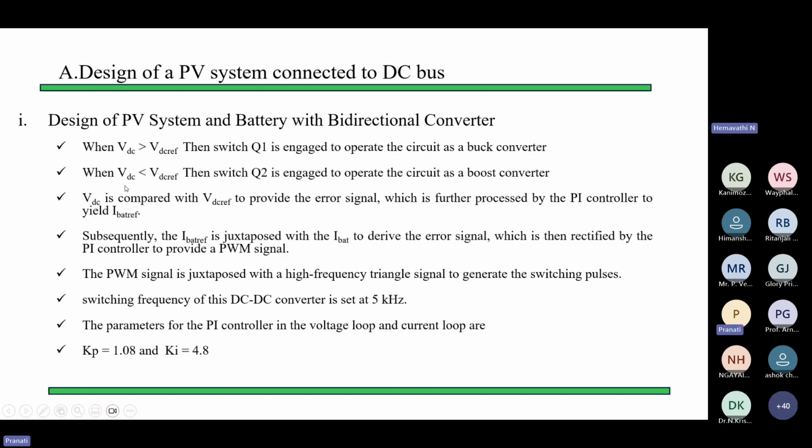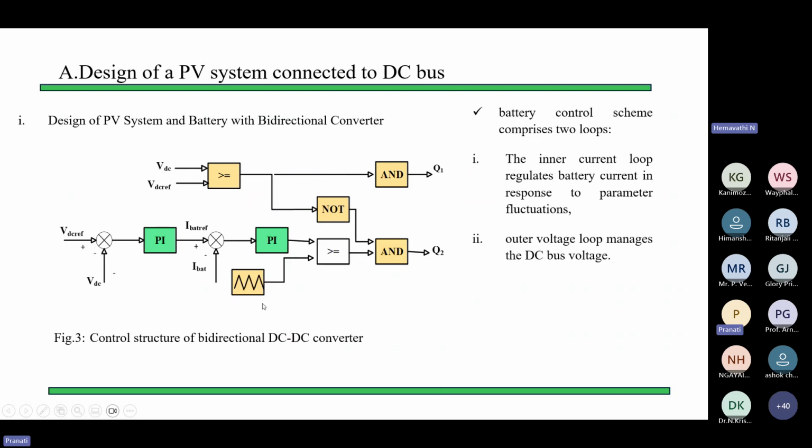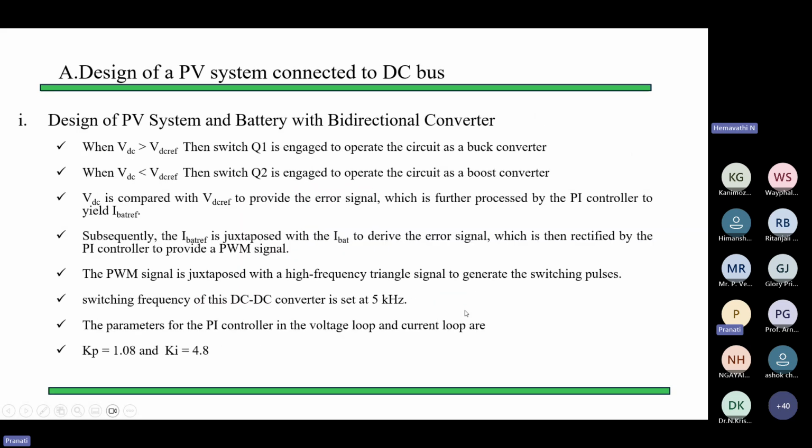Similarly, if VDC is less than VDC reference, here the not logic is used, then the Q2 switch will be used, which will operate it as a boost converter.